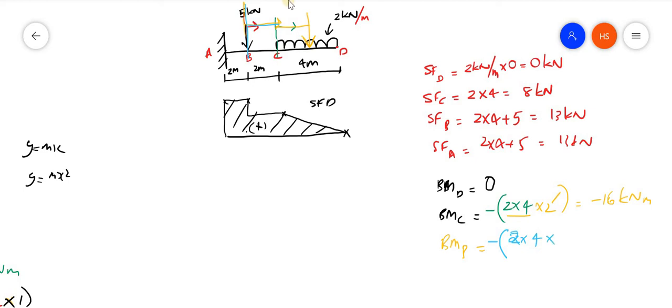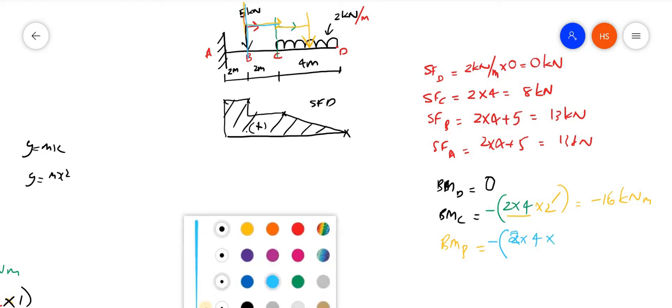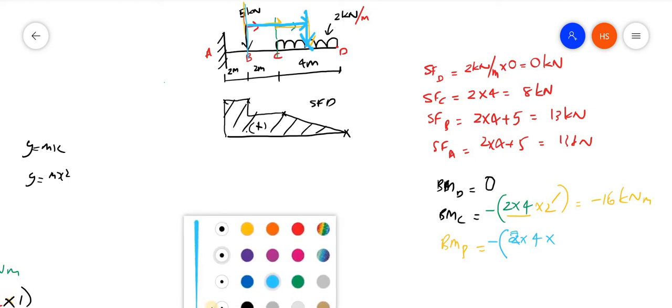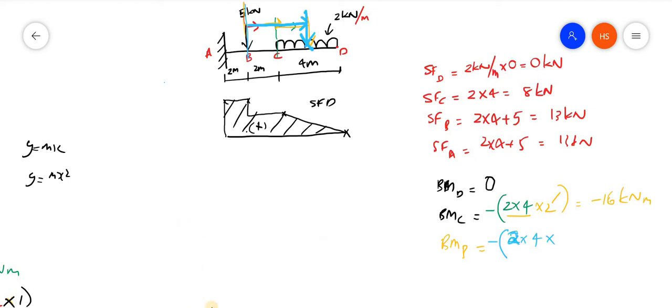Distance, this one you have to clearly understand. Distance means it is from this point to this point. This is the distance that I have drawn here. So what is the distance? This is the load, 2 into 4, into distance, which is 2.